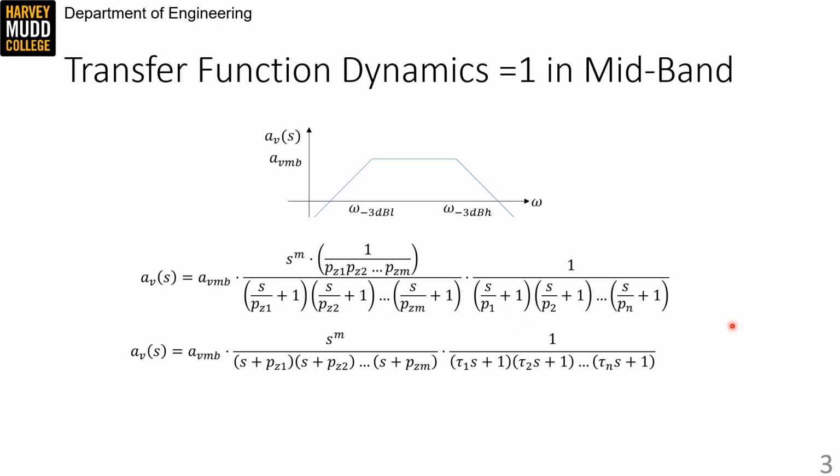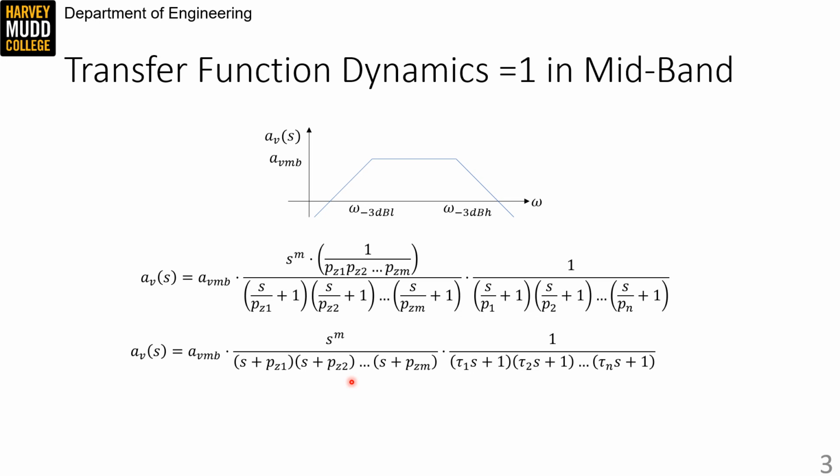We're going to rewrite each of these terms in a slightly different format. I've written the high frequency poles in terms of their time constants instead of poles, which is easy because each tau i is equal to 1 over pi. I've also opted to rewrite the low frequency pole zero pairs in canonical form instead of factor form, so each individual pole zero pair is represented by s over s plus p.